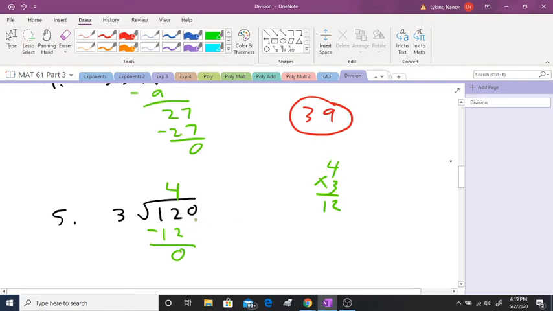So then I need to bring down my other 0. How many times does 3 go into 0? Well, what times 3 is 0? I know 3 times 0 is 0. So my answer is 40.